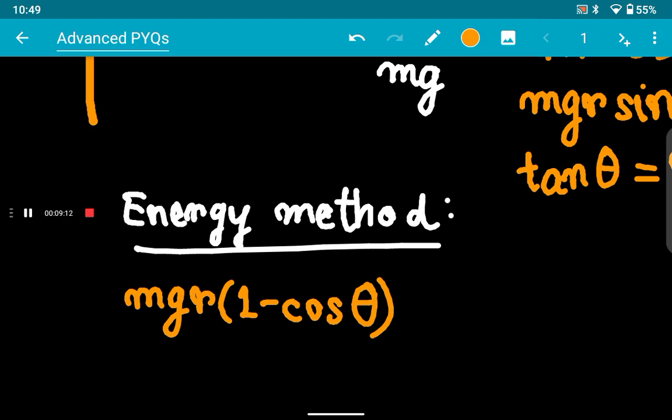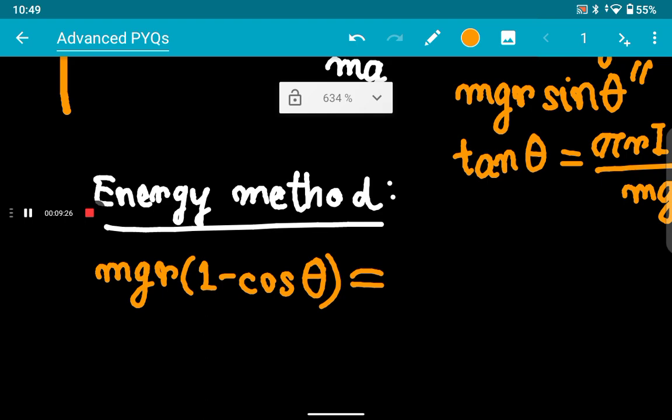And now we can say that it is equal to the energy due to the magnetic field. And what is that? Well, energy due to the magnetic field, in electric field you have P dot E for electric dipole.